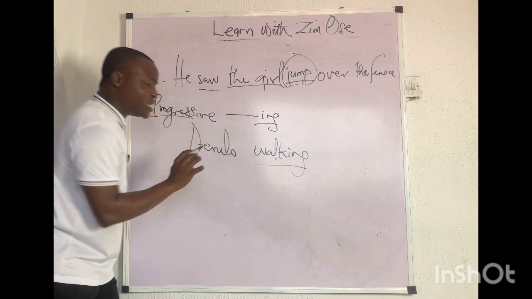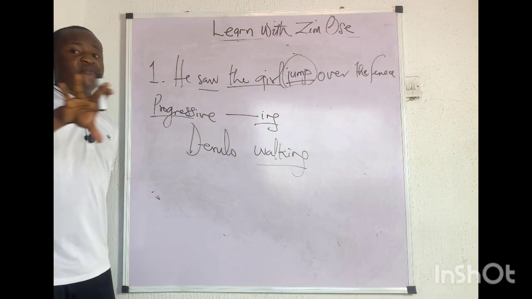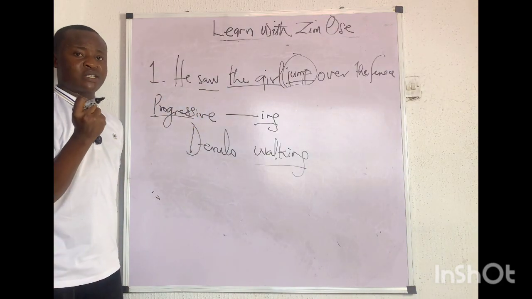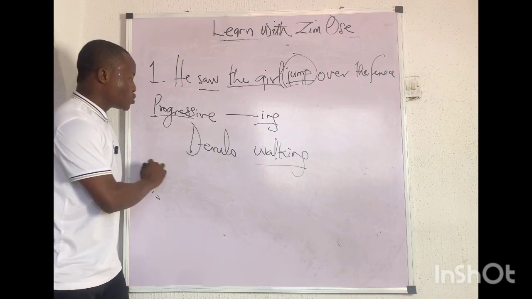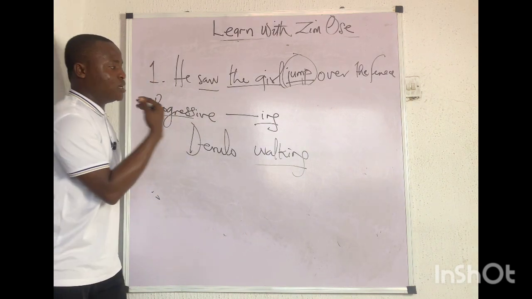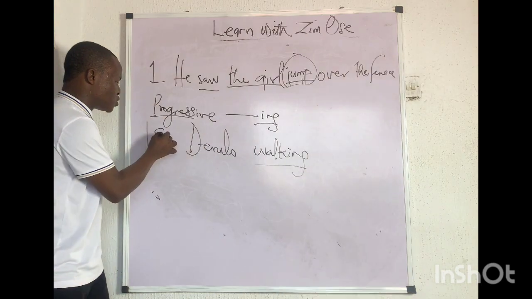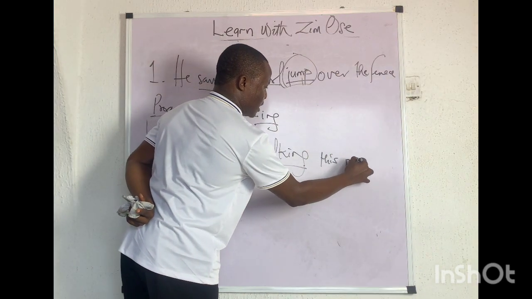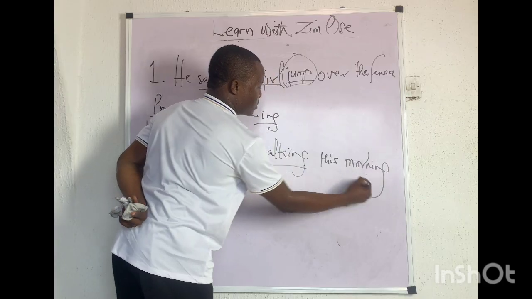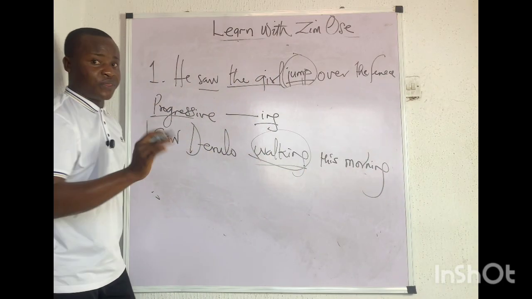And I did not witness the entire action. Of course, when you use bare infinitive, it means you saw the complete action. So it's usually used in context of a very quick or fast action. So Derulo was walking this morning and I saw him. So I could say, I saw Derulo walking this morning, which means I witnessed that action.